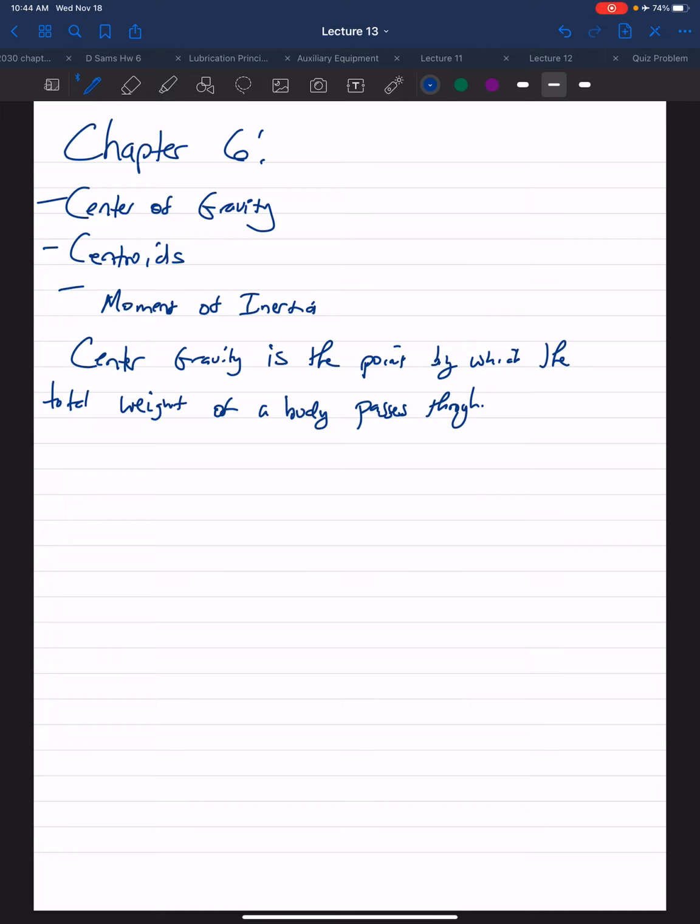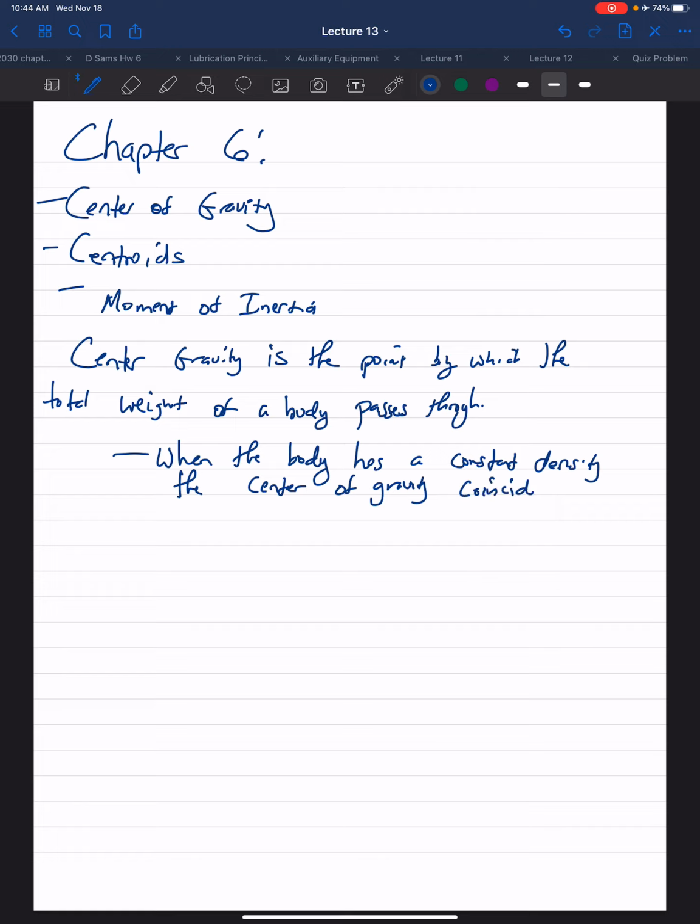And when the body has a constant density, the center of gravity coincides with the centroid of the body.